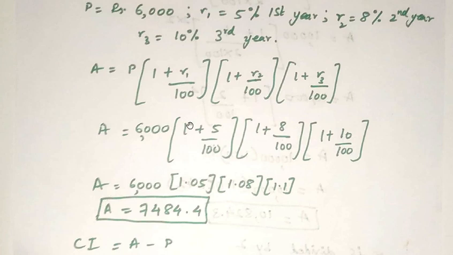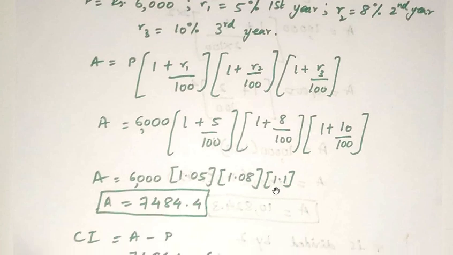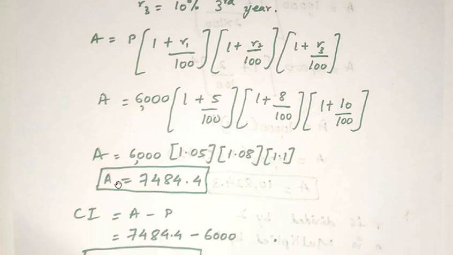So when you solve it out, 105 divided by 100 is 1.05, 108 divided by 100 is 1.08, 110 divided by 100 is 1.1. So A is equal to 6000 into these amounts.